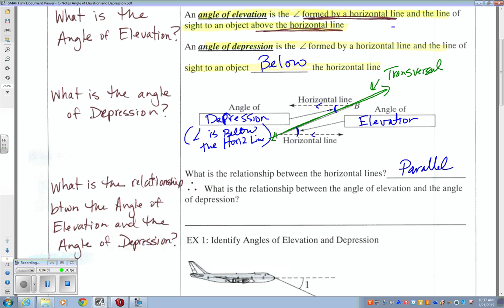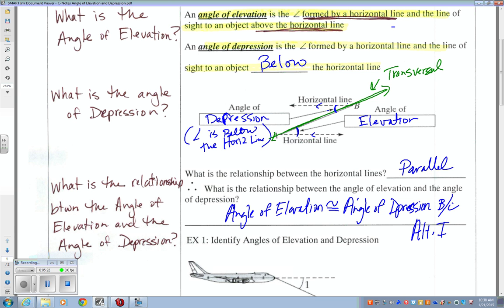How do we know they're congruent, Mountain? Yes. Therefore, the angle of elevation is congruent to the angle of depression, because they're alternate interior angles.